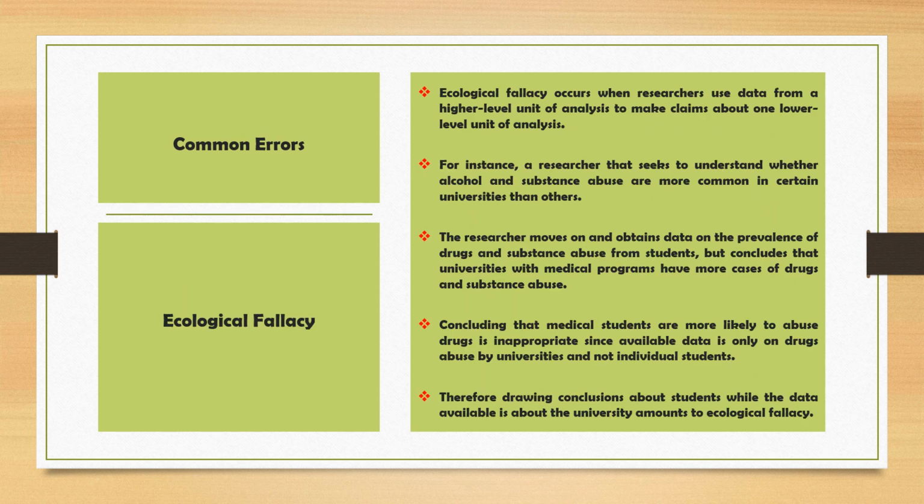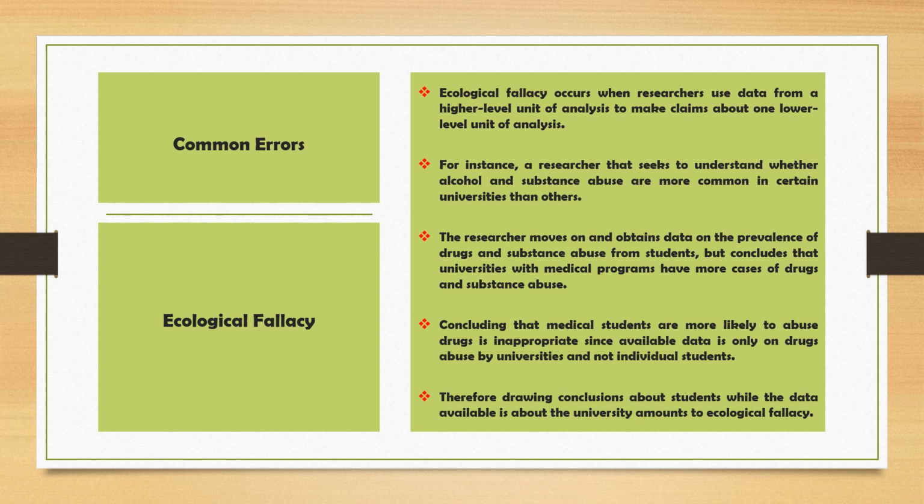The other type of error is called ecological fallacy. Ecological fallacy occurs when researchers use data from a higher level unit of analysis to make claims about a lower level unit of analysis. For instance, a researcher seeks to understand whether alcohol and substance abuse are more common in certain universities than others.